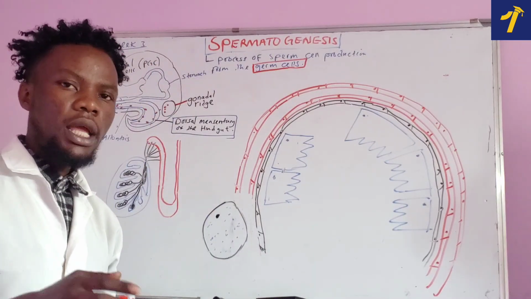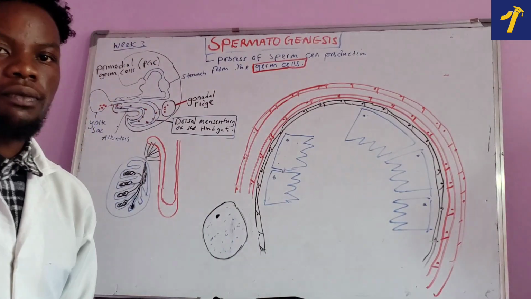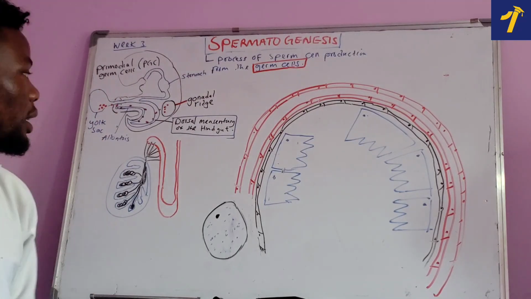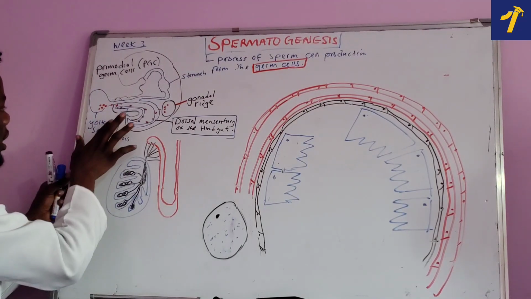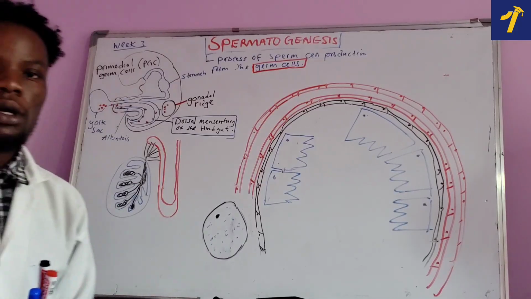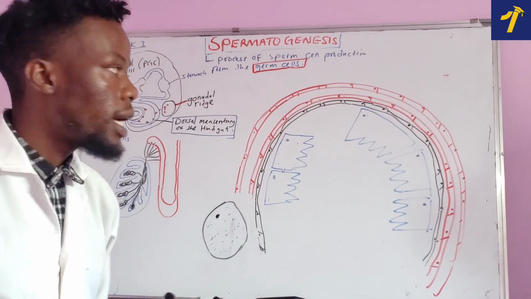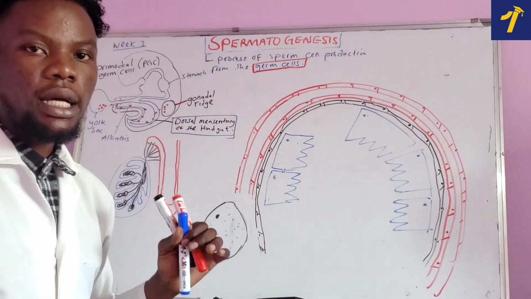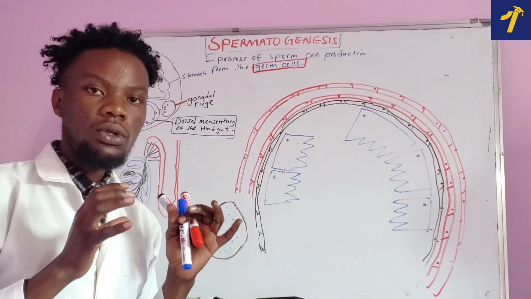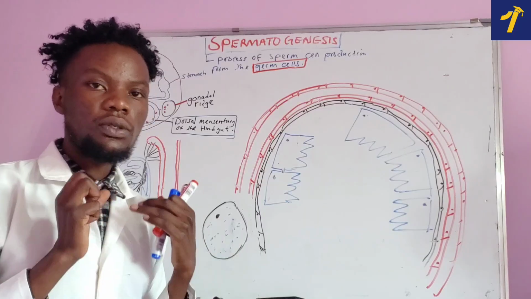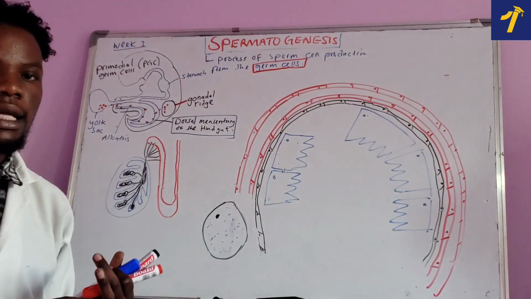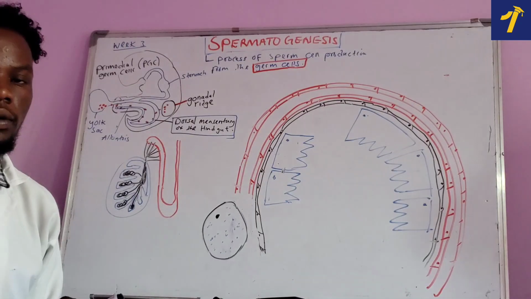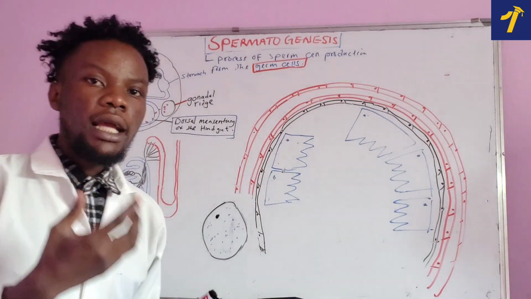All right, but why am I troubling you with the migration of these primordial germ cells? It is because there are some things that can make sure these primordial germ cells can't migrate well and can't reach the gonadal regions. If that happens, the fetus is going to develop abnormalities like cancer of those primordial germ cells, because they like to divide.